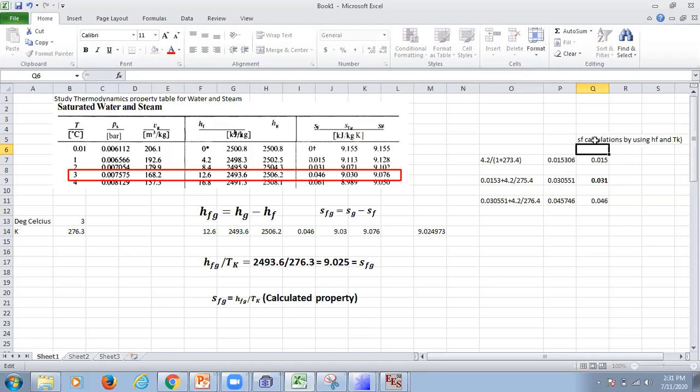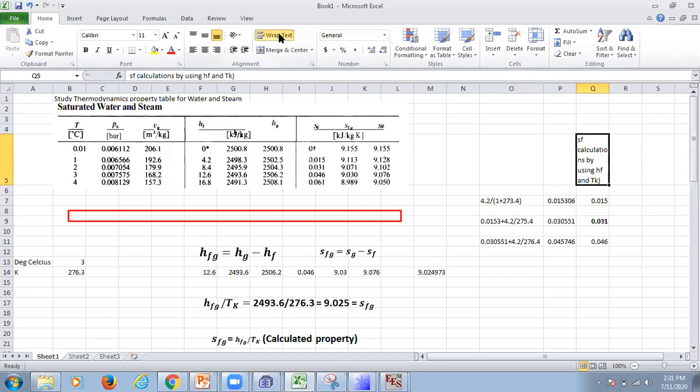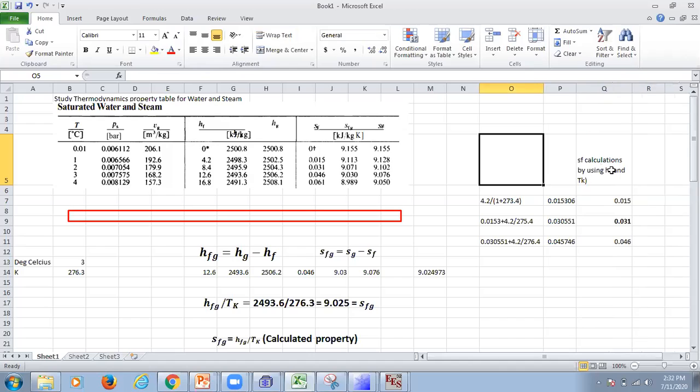Very interesting, this one. So you know how you calculated SF values. Today is a very important lesson you are doing.